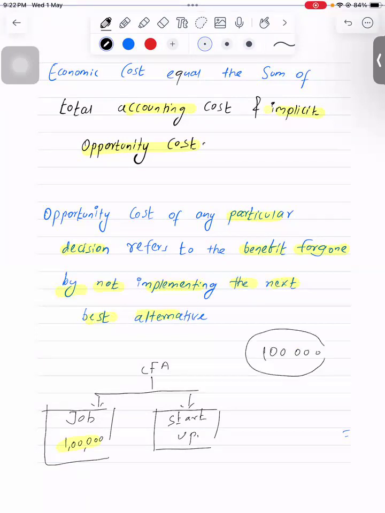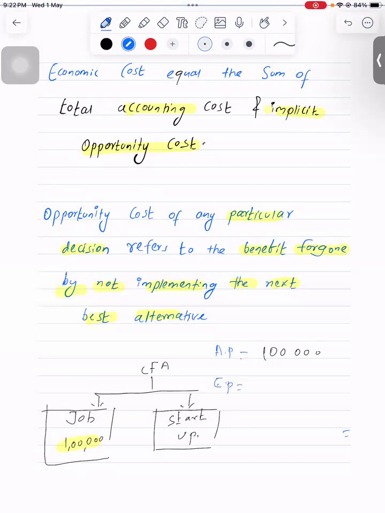So this 1 lakh is your accounting profit. I am asking, what will be your economic profit now? Accounting profit is 1 lakh. What will be your economic profit?